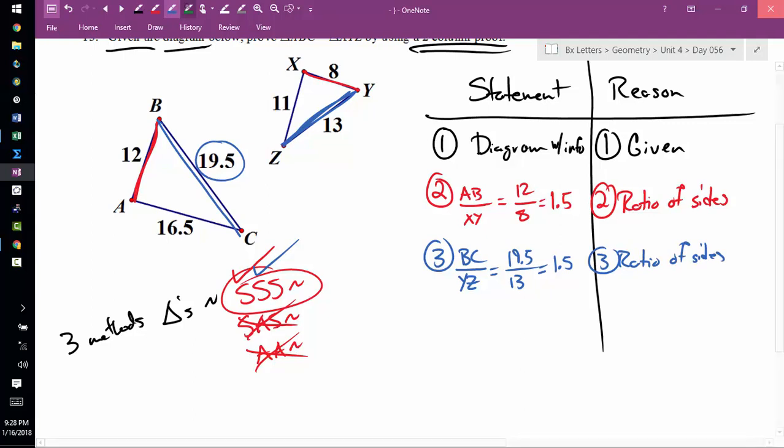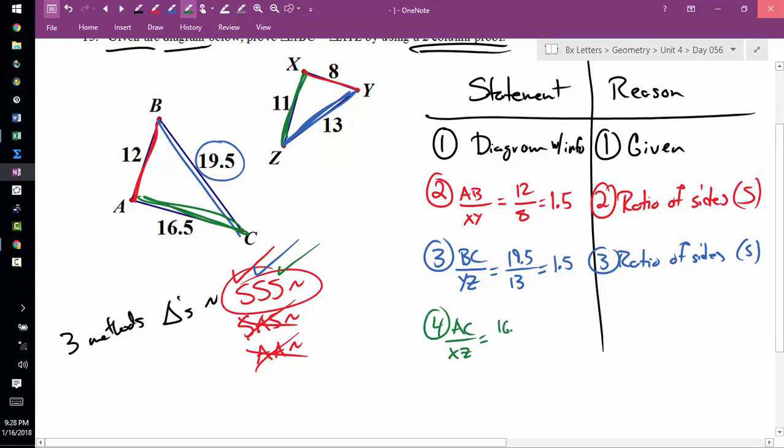Okay, and then I'm just going to start keeping track. That was a side. This was a side. I need one more side fact to kind of wrap this up. And the last side is XZ and AC. I've been doing the big triangle AC divided by the corresponding smaller triangle XZ.